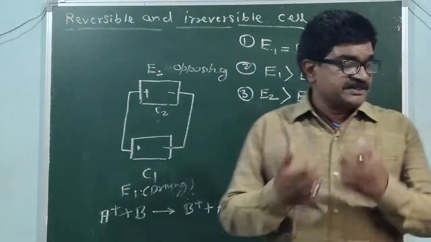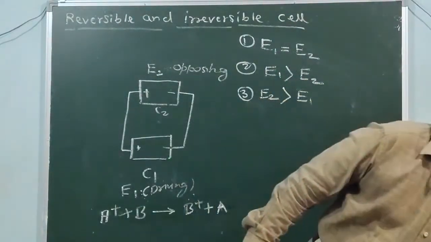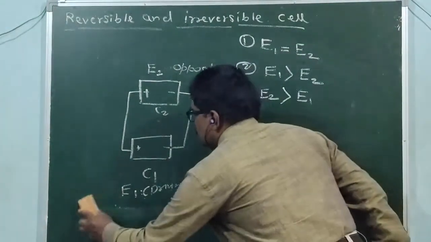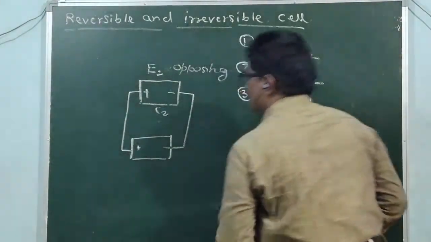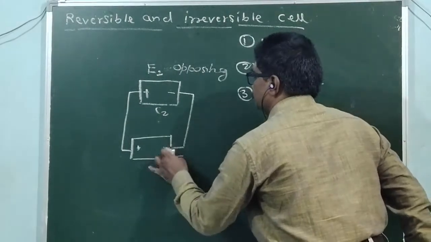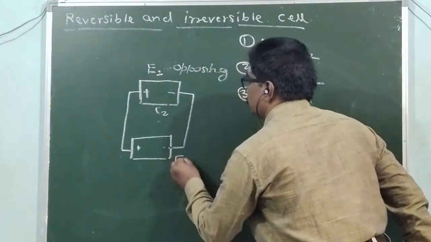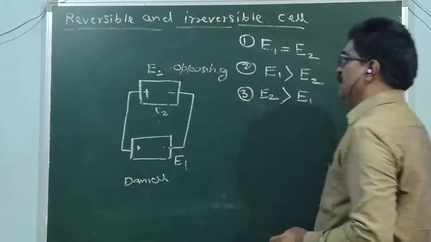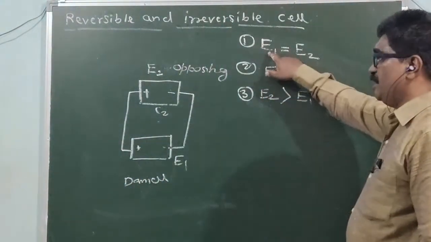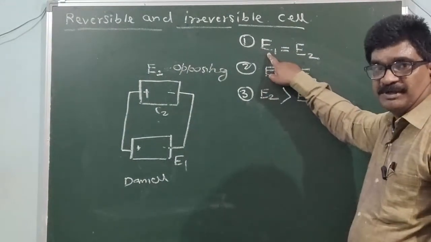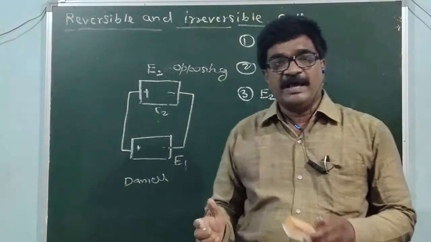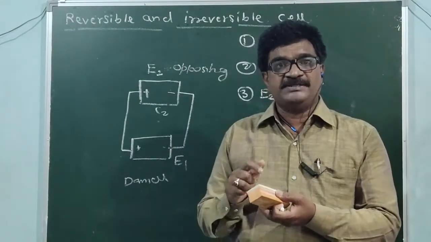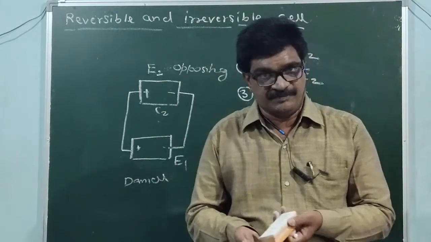Now a very nice example of a reversible cell is the Daniell cell. Now suppose C1 is the Daniell cell. Here the Daniell cell is a reversible cell. That means one can reverse the spontaneous cell reaction by just increasing the opposing EMF.